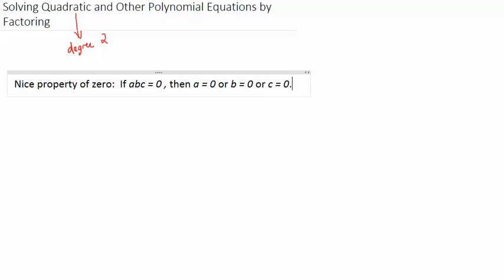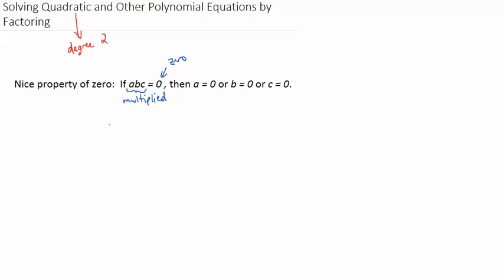Now, it's important to understand why this works. There's a couple reasons that it works. You have to have things multiplied together to equal 0 for this property to work.